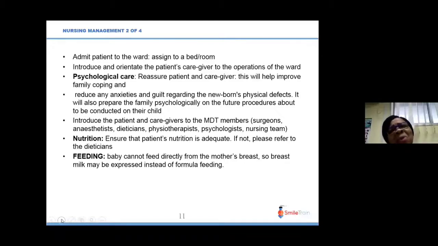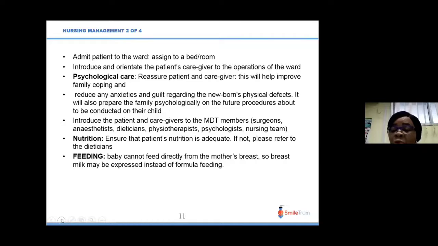So another important thing is psychological care. Remember that these mothers and parents come with anxiety, fear of the unknown. It is the duty of the nurse to take care of these caregivers by allaying anxiety, reassuring them.